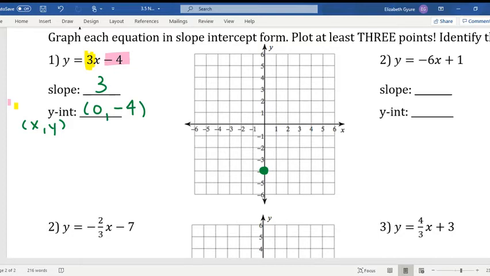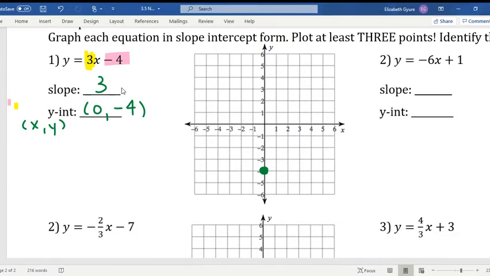Now, where am I going to get my other 2 points from? Well, I have a slope, don't I? That slope tells you how much your graph either goes up or goes down. Now, it's a positive slope, right? So if it's a positive slope, my graph's going to go upwards. So what you do to count out a slope of 3, slope is rise over run, right?